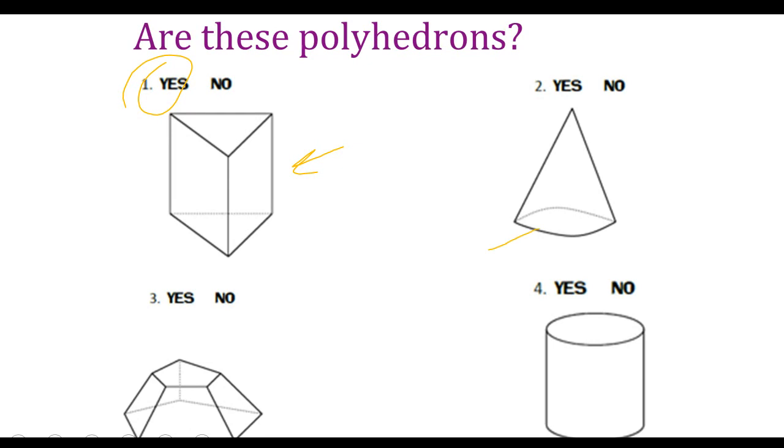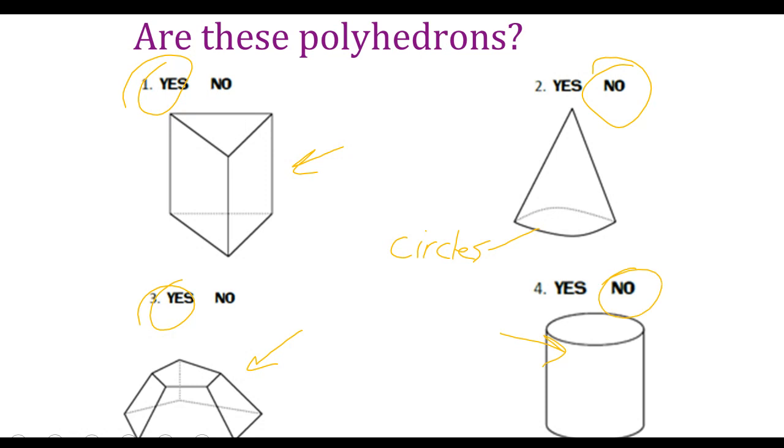However, if you ever see curves, if you ever see a circle, that is your big indicator that you do not have a polyhedron. We need flat sides. We can't have any curves. We need faces, edges, and vertices. So this one would not be a polyhedron. Unlike that, this one has no circles, no curves, so this is a polyhedron.